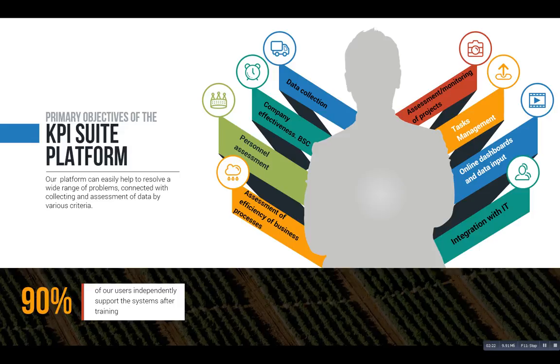Company effectiveness, balanced scorecard, strategy management, management by objectives: a lot of different methodologies can be implemented in our system. Even personal assessment and department assessment, with grades, can be implemented, allowing you to measure people and build a very transparent bonus management system.